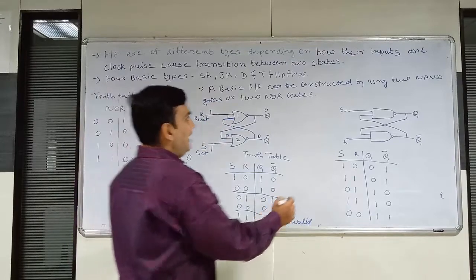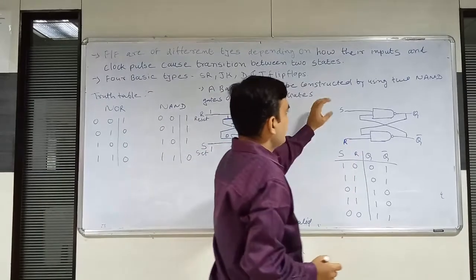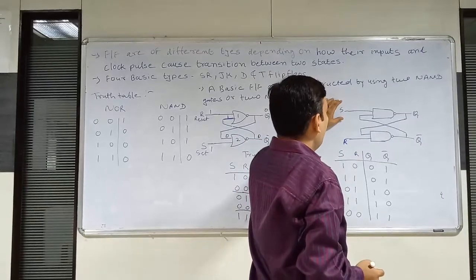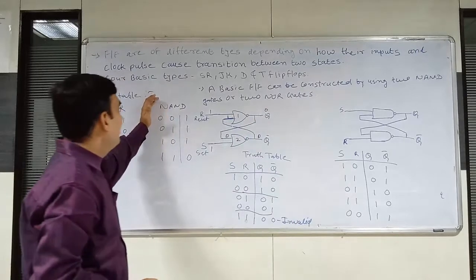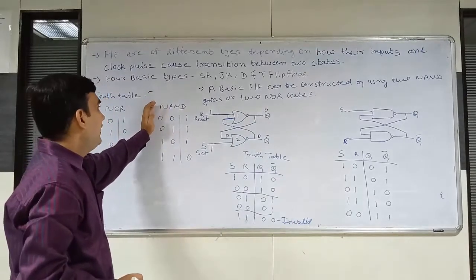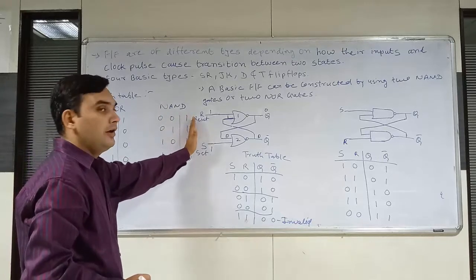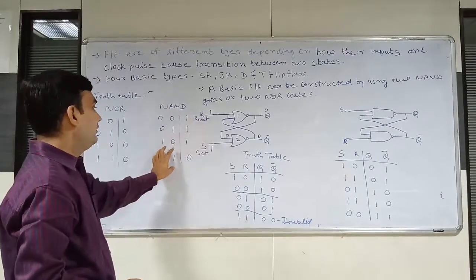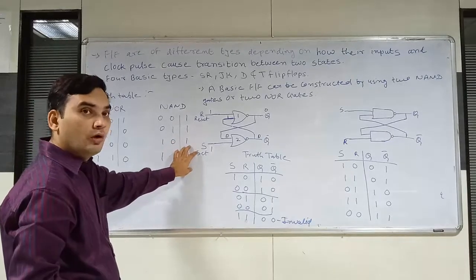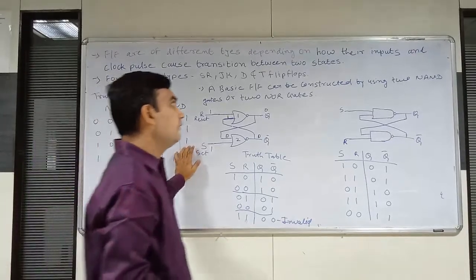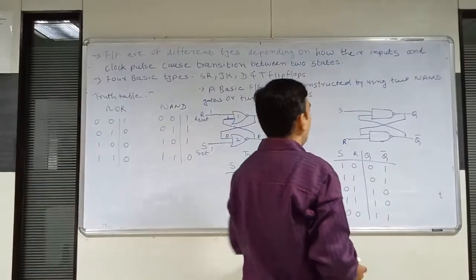Now come to the SR flip-flop. Again, in the truth table of NAND gate, when any of the input is 0, we got output high or 1. When both inputs are high or 1, we will get output is low or 0. This is the condition of NAND truth table. So we will see here.